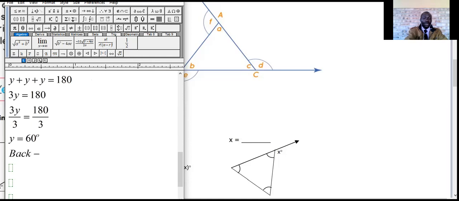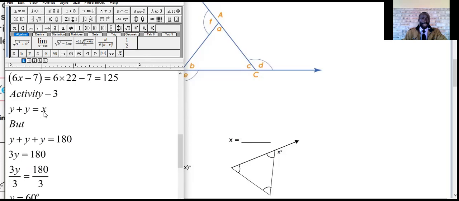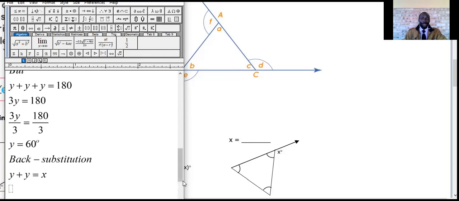What back substitution means is that from y plus y equals x, which we had indicated a little bit previously, check here, we had written that y plus y equals x. Now we have got the value of y.